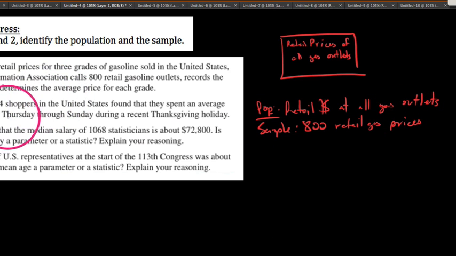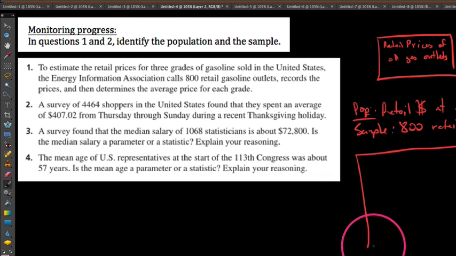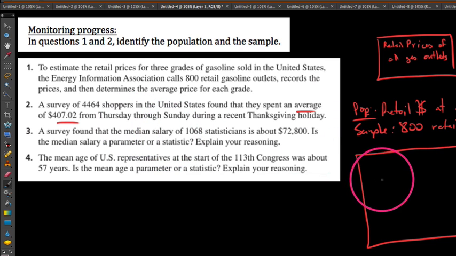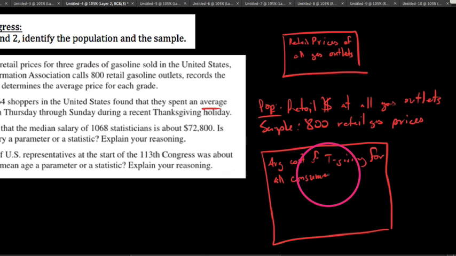So number 2, it said that a survey of 4,464 shoppers in the U.S. found that they spent an average of $407.02 from Thursday through Sunday during a recent Thanksgiving holiday. So again, in number 2, we talk about what it is that we're measuring here. We could say the average cost of Thanksgiving for all consumers.